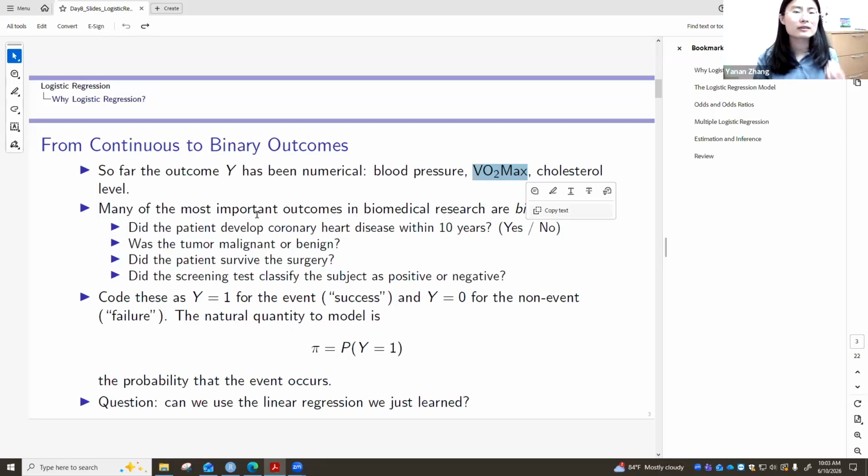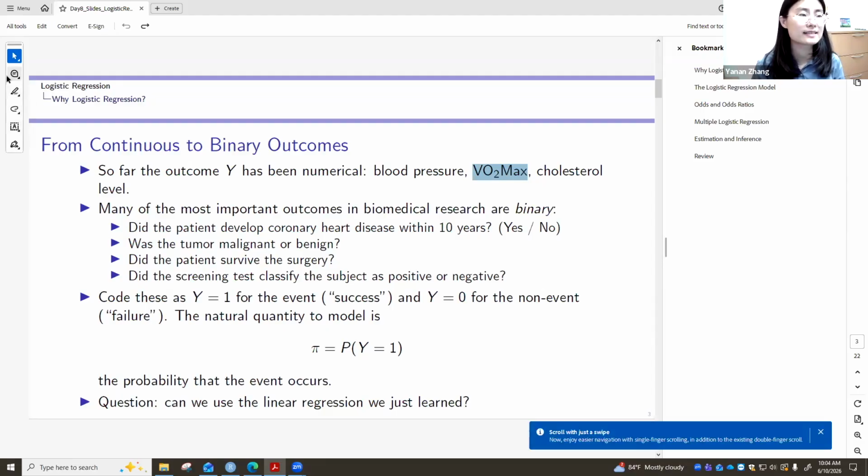If you think about what those models have in common, they share the same type of outcome. Think about what the type of this outcome is. Is this a numeric type of outcome or a categorical type of outcome?